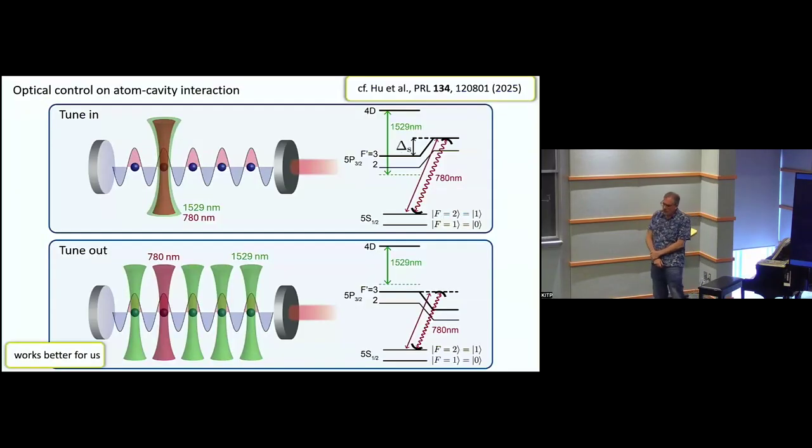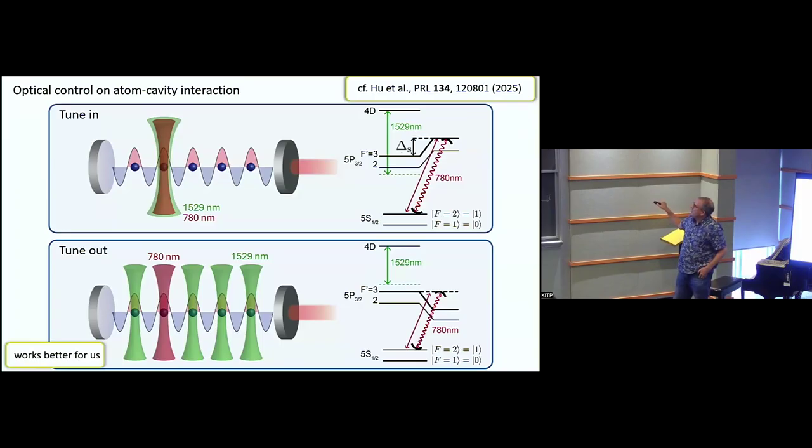And a way we've recently implemented that turns out to have been previously done just recently by Vladan Vuletic's group at MIT. But basically the idea is we have all our atoms inside of the cavity, but we want just one atom to talk to the cavity, even though all the atoms are located in the cavity. And the way we achieve that is by exposing the atoms to light that is near an excited state transition of the atom.